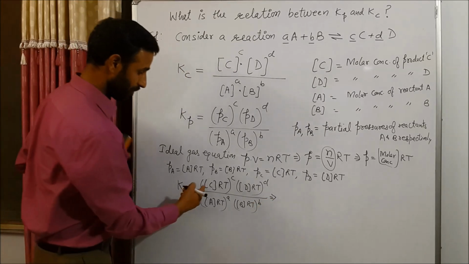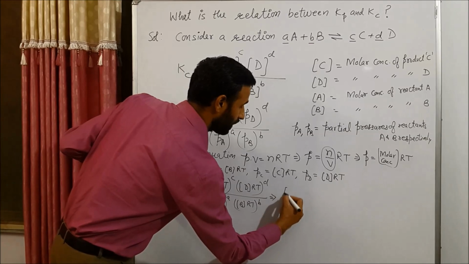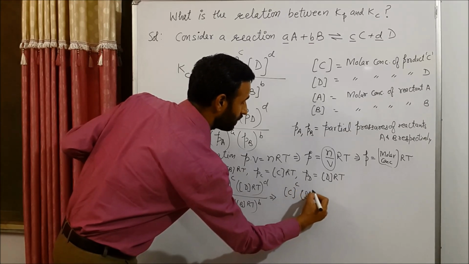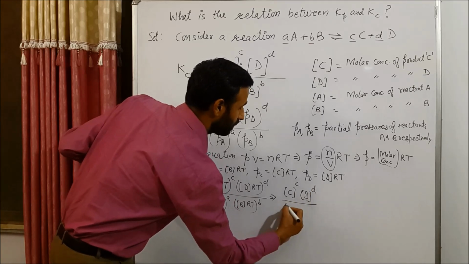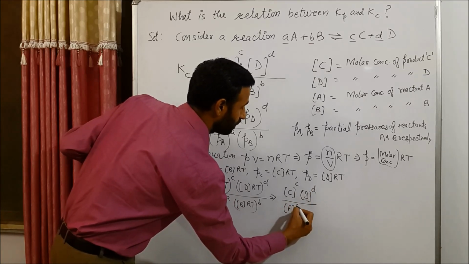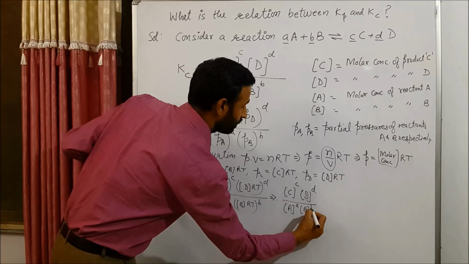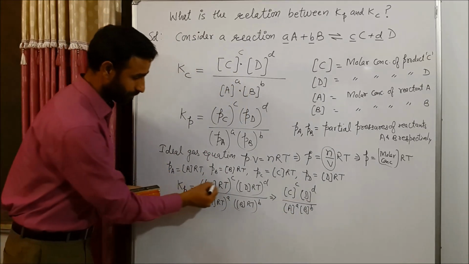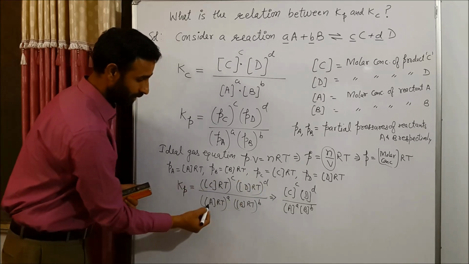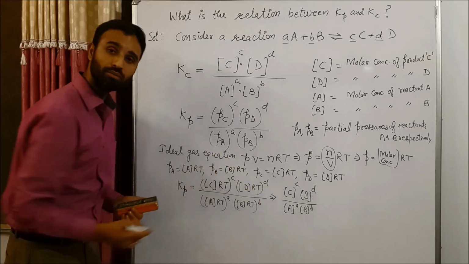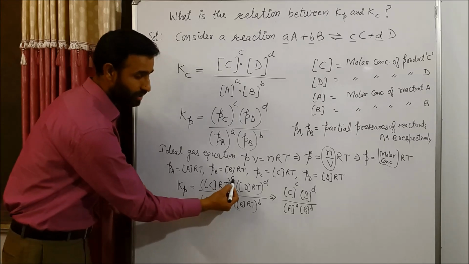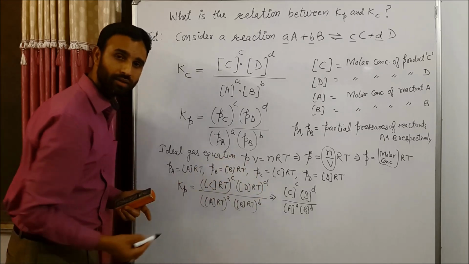So in this way, just separate the concentration terms. These are concentration terms: [C] raised to power c, [D] raised to power d, [A] raised to power a, [B] raised to power b. What is left? RT raised to power c, RT raised to power d.